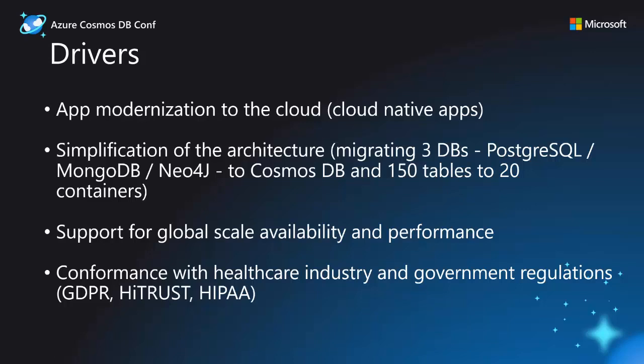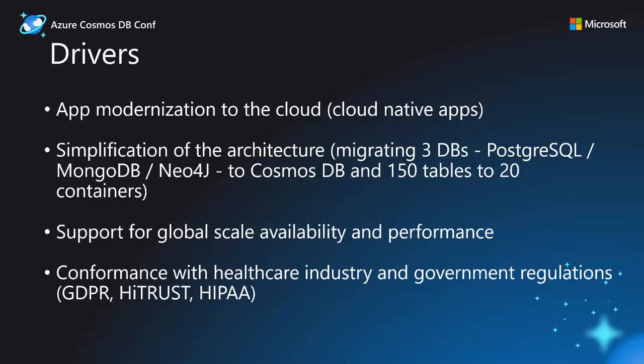The second thing is that the platform currently is based on 3 different databases. The majority of the data is placed in Postgres, but some of the data is also placed in Mongo, which is keeping the persistency of the messages exchanged between the microservices, and Neo4j as the graph database for their recommendation engine.